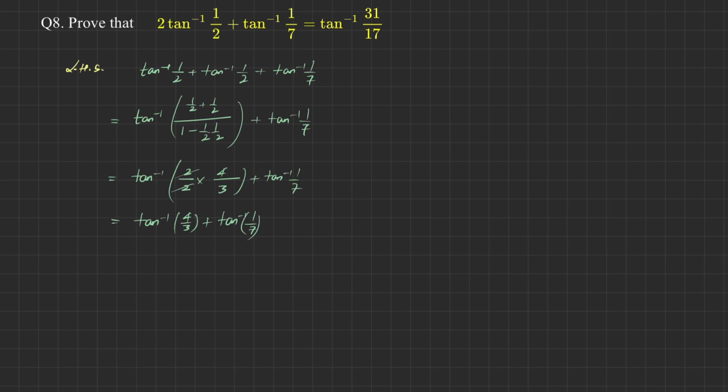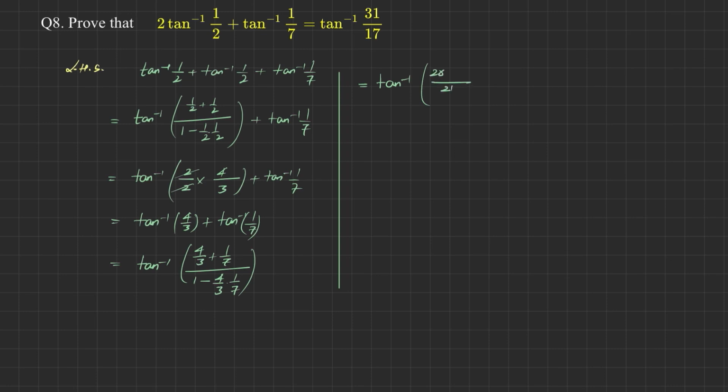So if I multiply x and y again, it will be less than 1. So it will be equal to tan inverse of (x plus y) over (1 minus x times y). The LCM of 3 and 7 is 21.